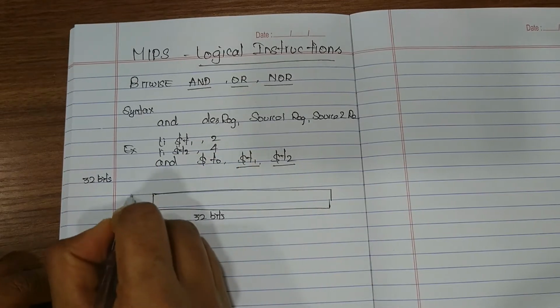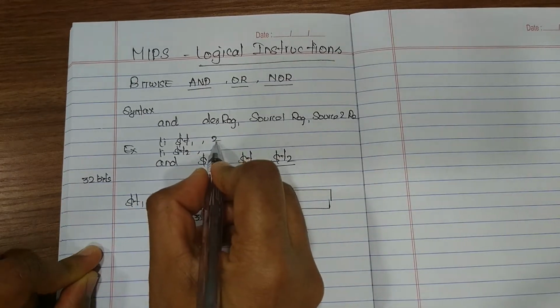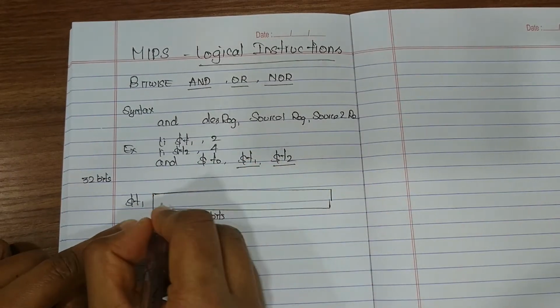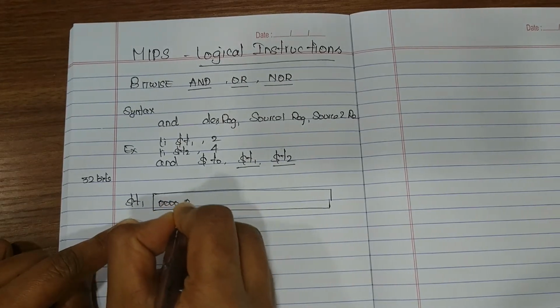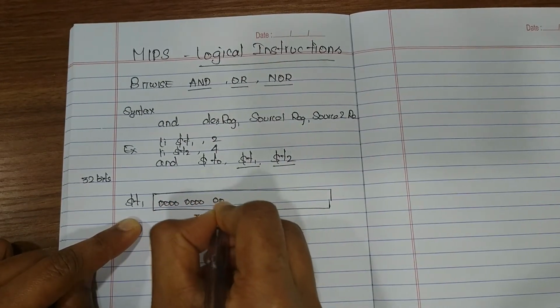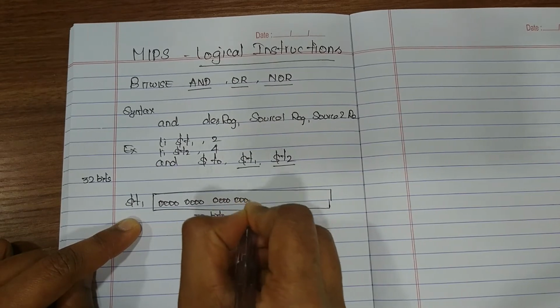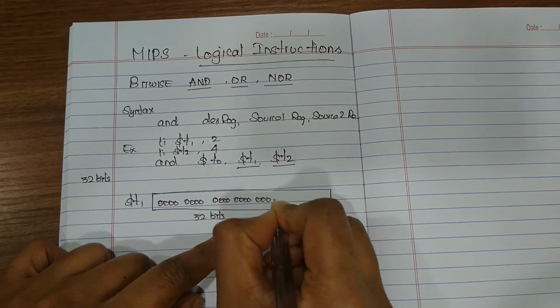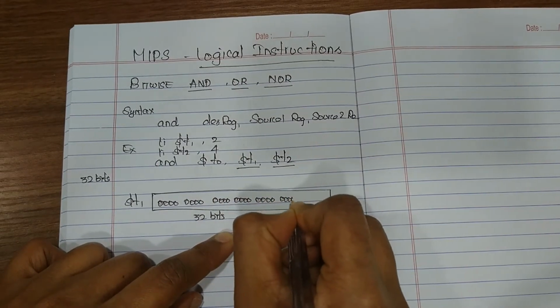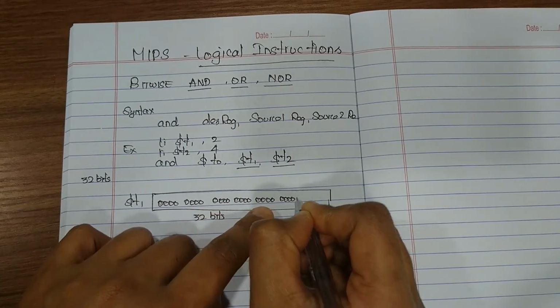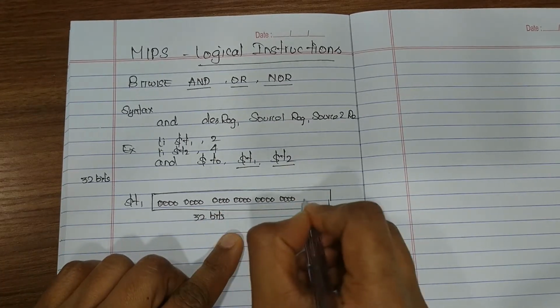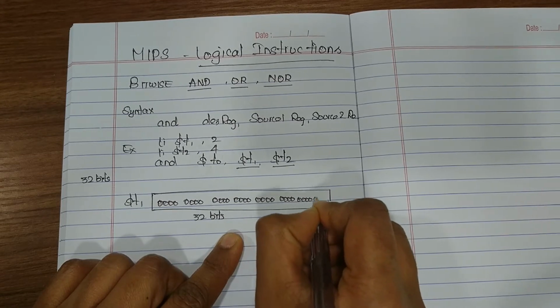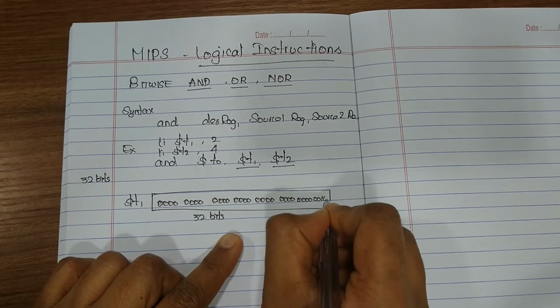So register $t1, what will be the content? 2. 2 will be written in binary. So in 32 bits you will have 2 like this. So 2 is 0010.